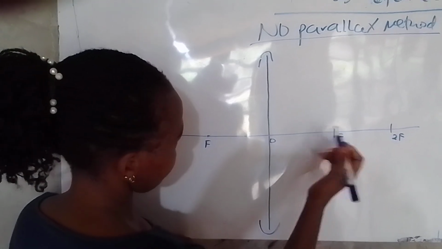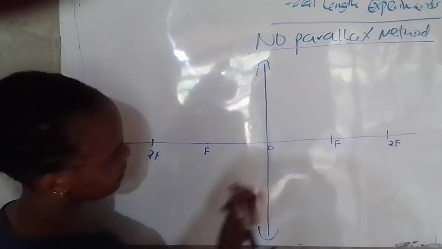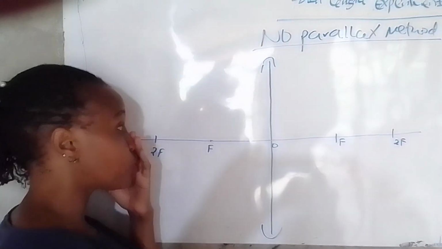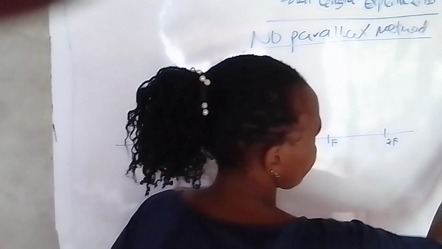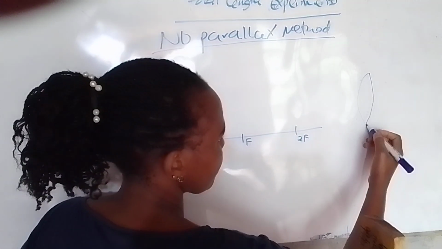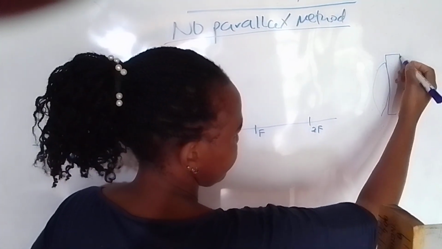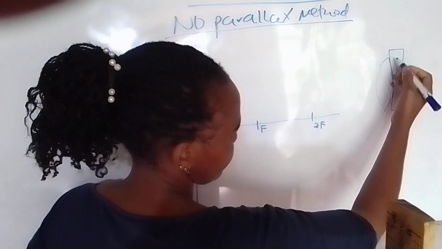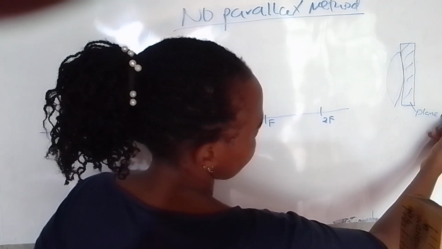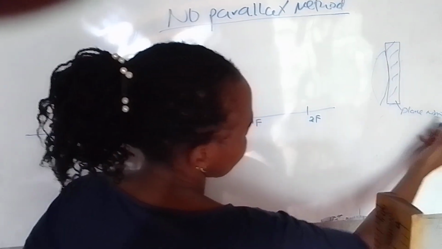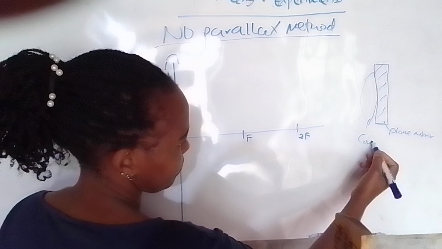I want to put our lens somewhere. This is our lens. And then behind this lens, I'm going to put a plane mirror. So that now I have my lens, and I have my plane mirror there, like that. This is my plane mirror, slightly behind the converging lens.